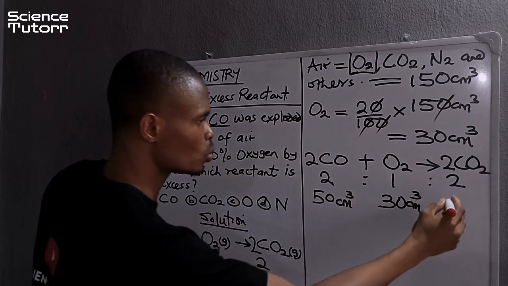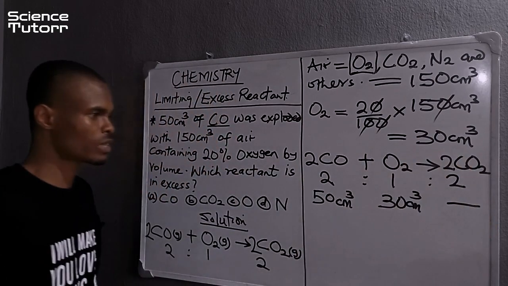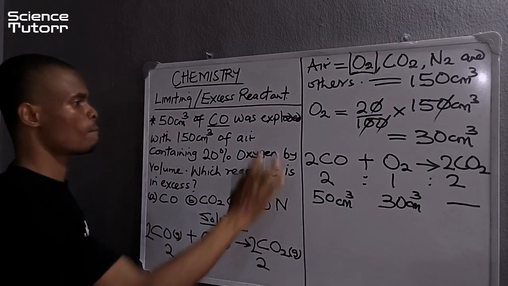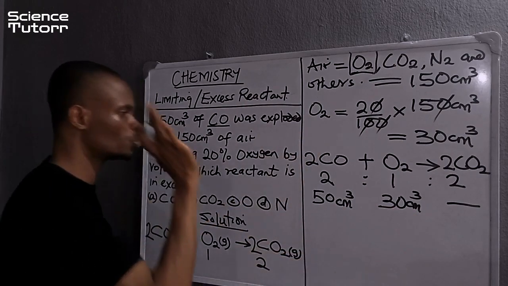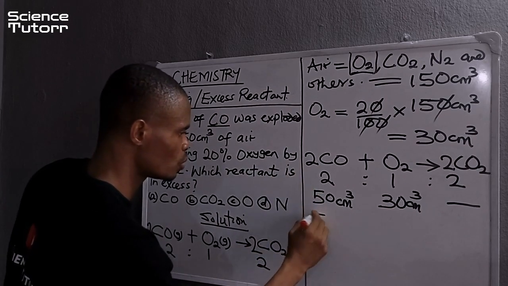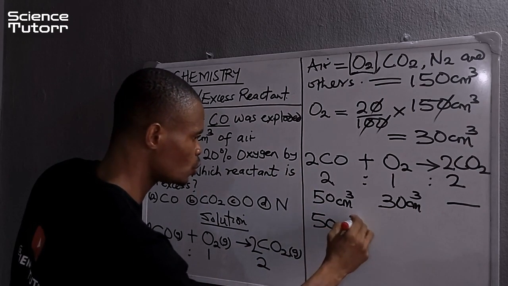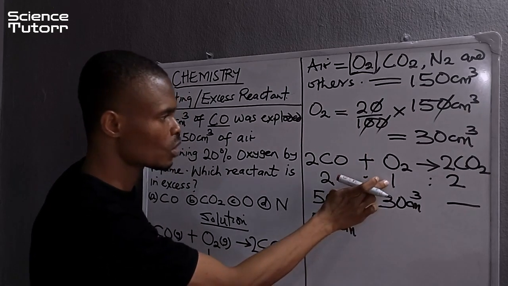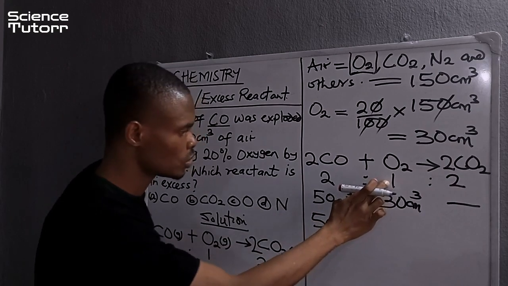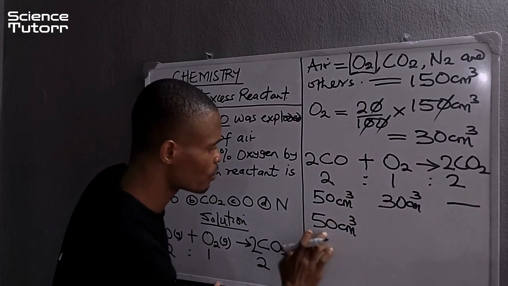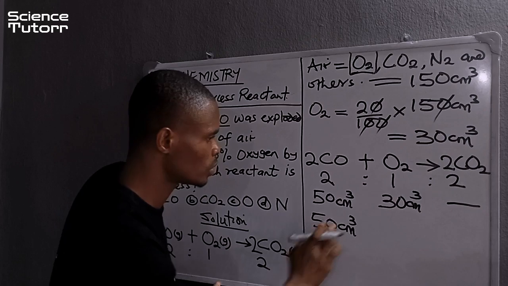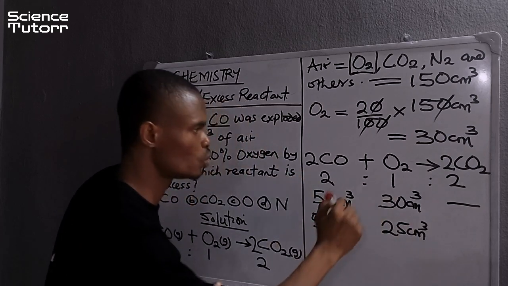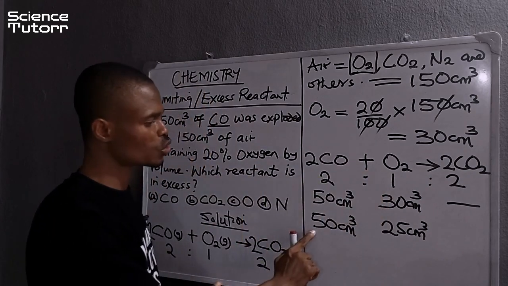Initially, there was no product, so let's leave that product empty. Now, out of the 50, the volume used was 50 based on the ratio. Now in this case, the ratio is 1, so it means half of this will be used, making 25 cm³ used for oxygen. Why? Because of the ratio.